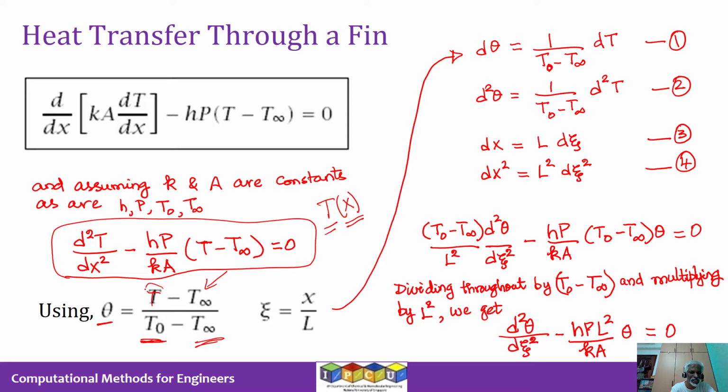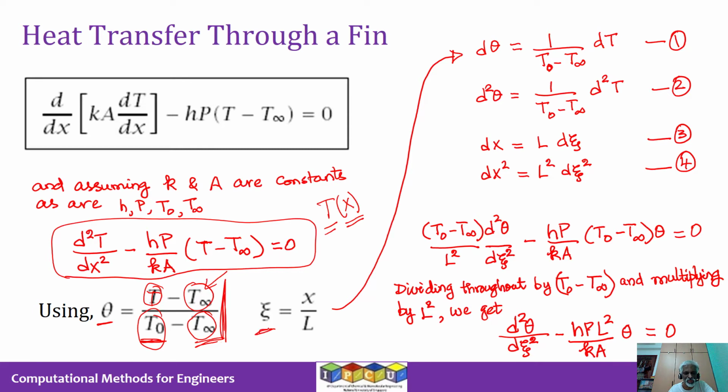Note that T is the temperature at any point on the fin. T naught is the temperature at the base of the fin that is attached to the metal wall. T infinity is the temperature of the fluid, or the ambient temperature, that is the air surrounding the fin, if air is the fluid.